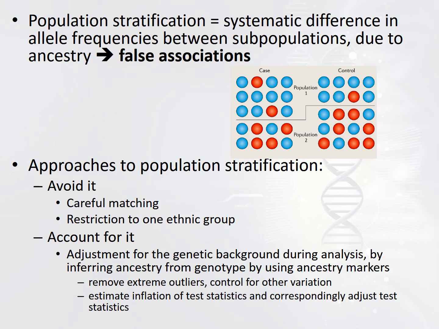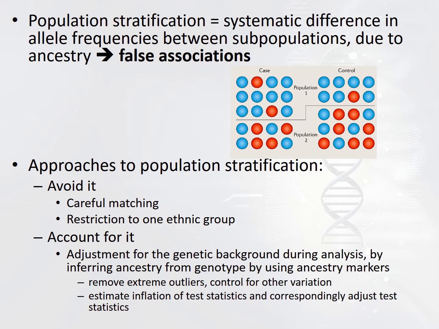So let's take a closer look at population stratification. What is population stratification? It is when you have multiple subpopulations in a population, and there is a difference in the representation of those subpopulations between the controls and the cases.